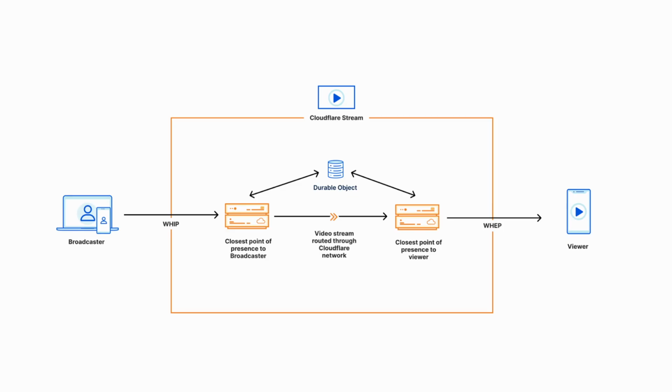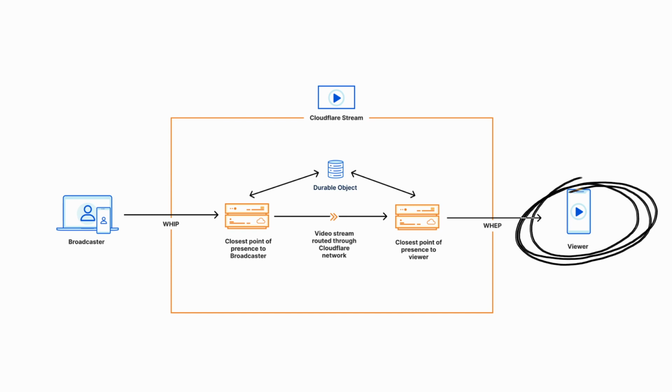Cloudflare Stream's WebRTC implementation is built on top of Cloudflare's developer network, with Cloudflare Workers and Durable Objects running on Cloudflare's global network. How it works is a broadcaster streams video using WHIP to the point of presence closest to their location, which then tells Durable Objects where the live stream can be found.